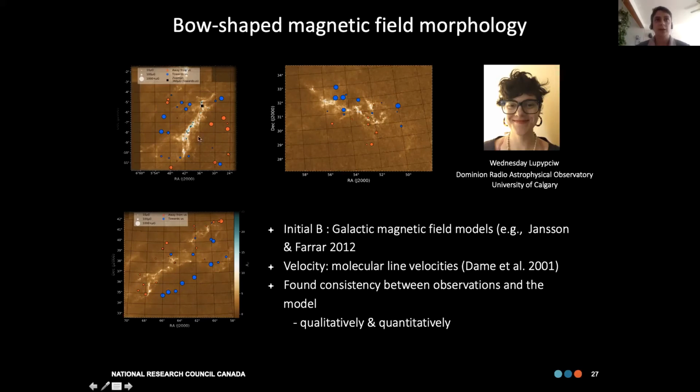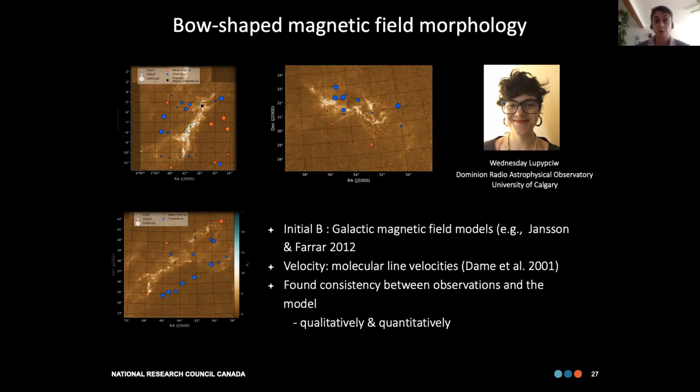In the case of the first two clouds there is clear evidence of reversal, and in the case of Perseus a very mild indication of a potential reversal. For the initial magnetic field, we looked at galactic magnetic field models, using the Hammurabi code, and more specifically the Johnson-Ferrar 2012 galactic model. For the velocities, we used the molecular line velocities.